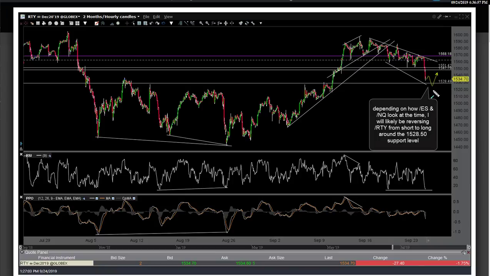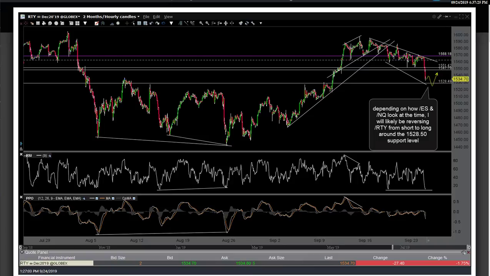And I'll tell you now, unless something changes, that is my plan, to reverse for a bounce on those levels. If we smash right through there, and imagine this was ES and that's your August trading range, and we smash right below it, I'll have a stop somewhat below. Then I'll either go back into shorts if I did reverse to longs, or just stop out of longs and see what happens there.